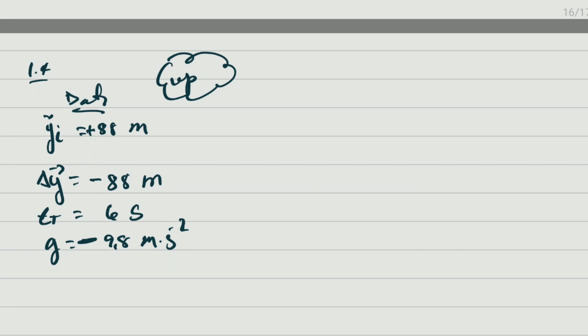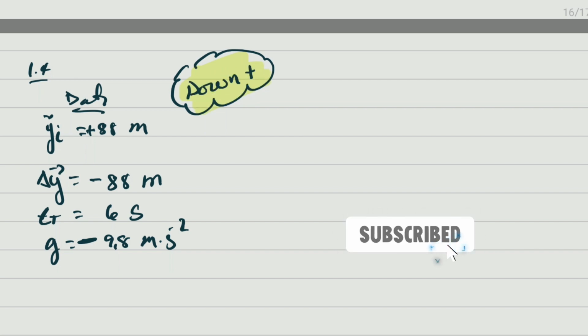Instead of up positive, we can say down positive. Remember, we work this one by convention, but whatever is more comfortable for you. Down positive, and obviously we have to fix all the signs here. So initial position now will be negative, and then the displacement will be positive, and the acceleration due to gravity will also be positive, right?